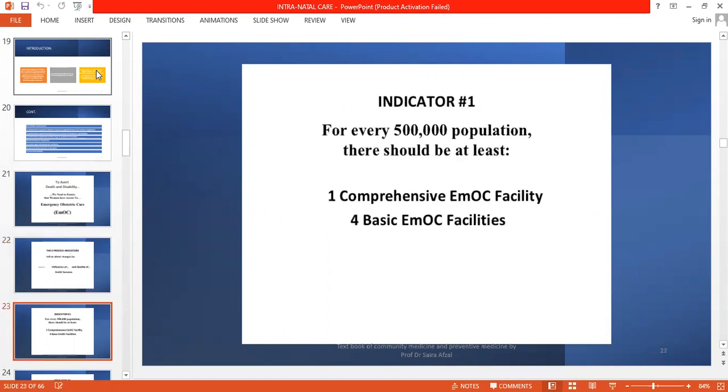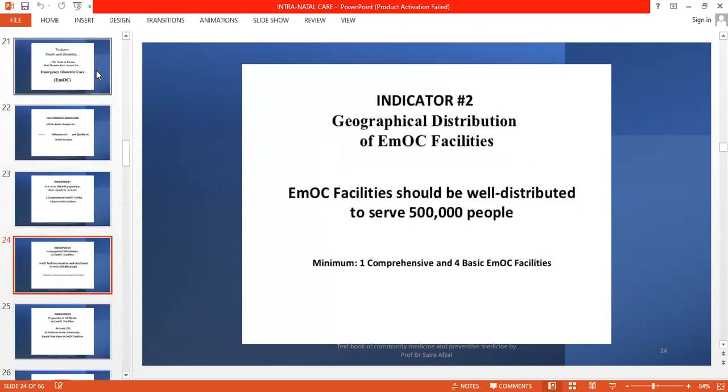Indicator 1: for every 50,000 population, there should be at least 1 comprehensive emergency obstetric care facility and 4 basic emergency obstetric care facilities. Emergency obstetric facilities should be well distributed, and each almost serves around 50,000 people.